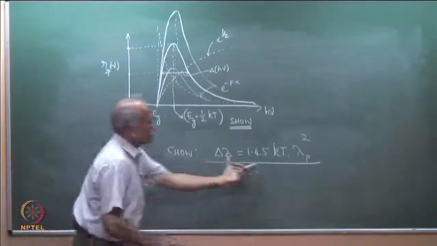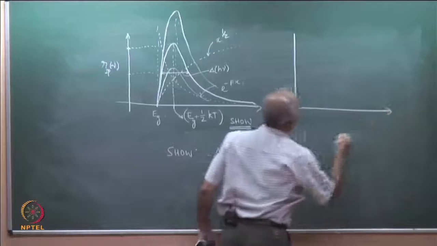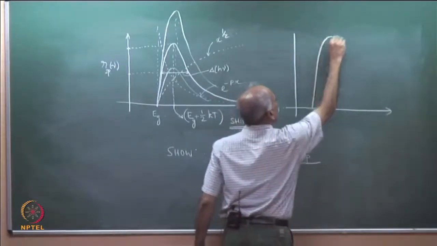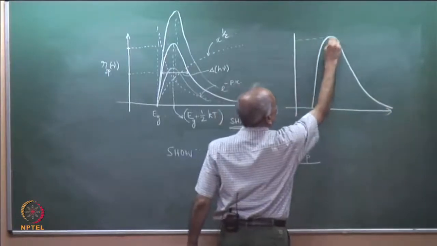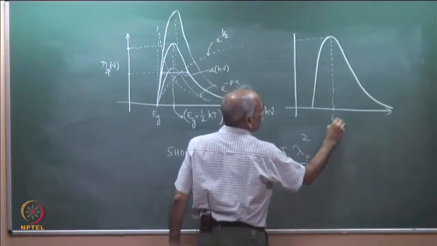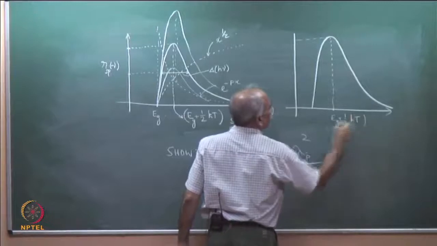Delta lambda here refers to, so let me just explain how you would go about it and then I will stop. So, first for a given temperature find out this. So, you know Eg plus half kT.